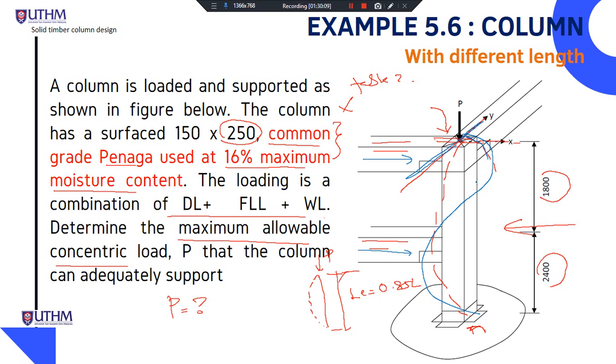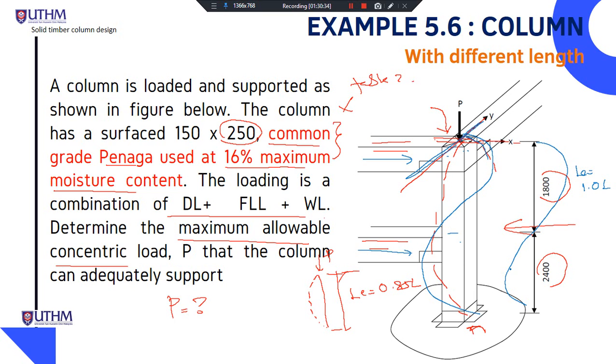At the first floor, from here to here, the buckling is like this. The first one here is pin, restrained in position but not in direction. Thus our LE is equal to 1.0 L.